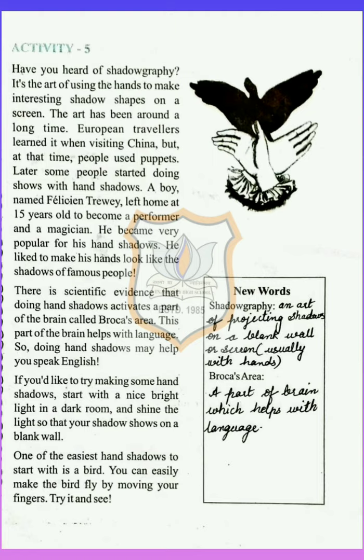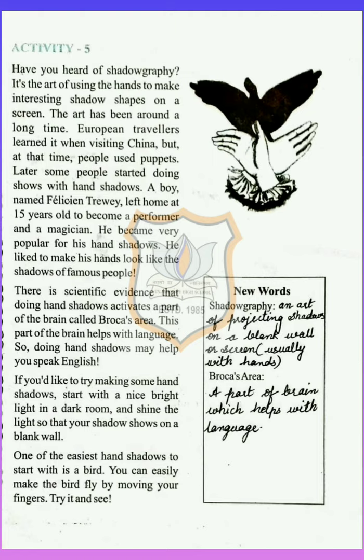A 15-year-old boy, Felicien Trewey, became very popular for his hand shadows of famous people. It is scientifically proved also that doing hand shadows activates a part of the brain called Broca's area. This part of the brain helps with language. So doing hand shadows may help you speak English.